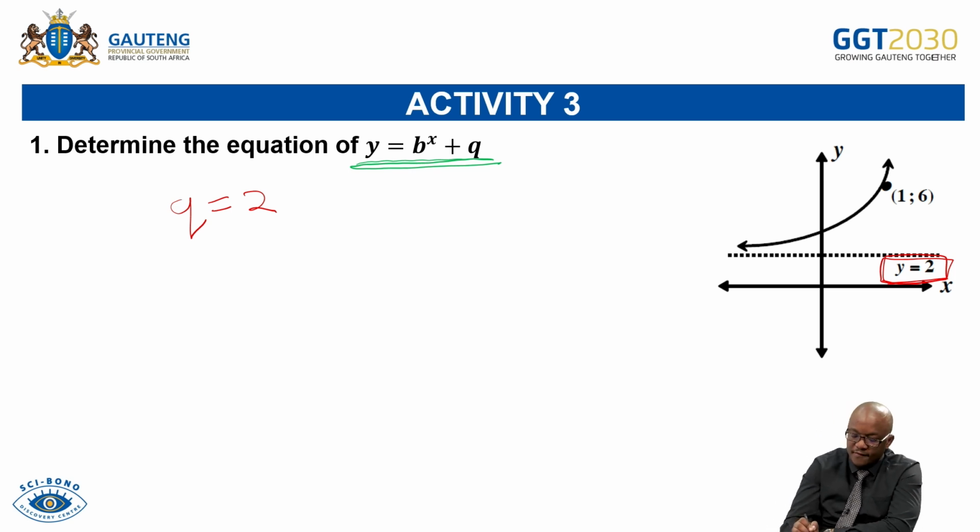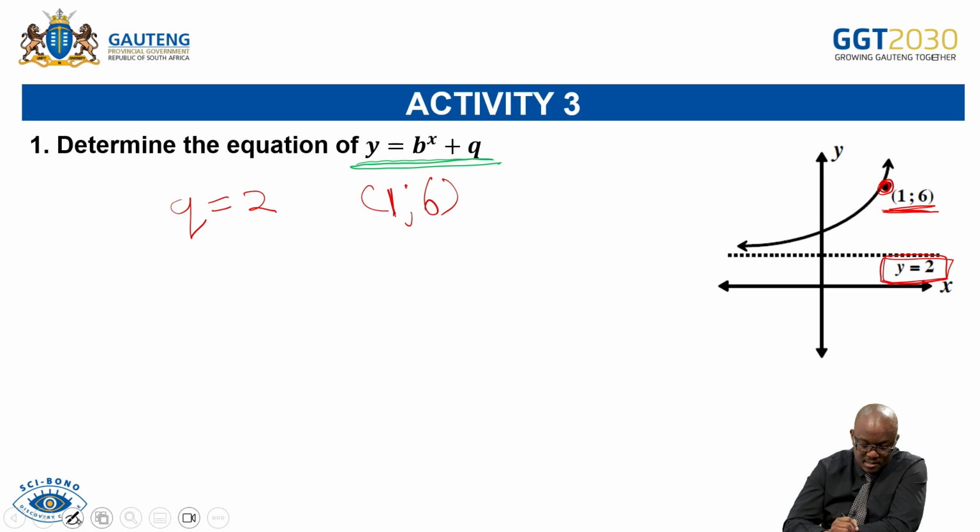And we also have another key thing, it's your point, at least one point on that graph, which is (1; 6). Then you know that in this case we are having x and y.